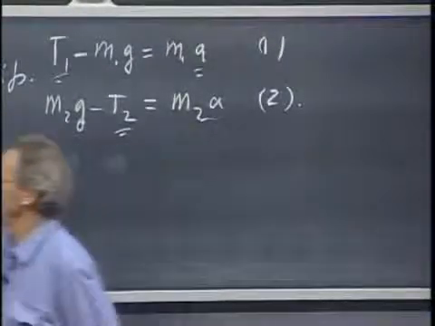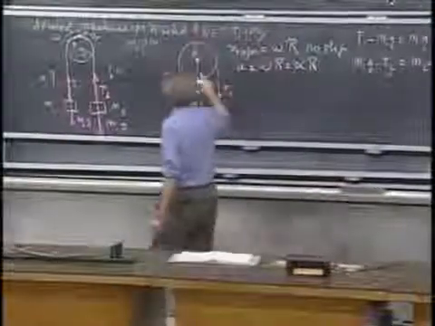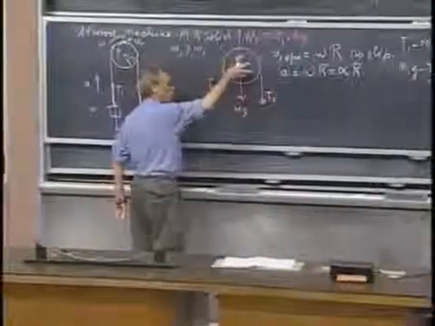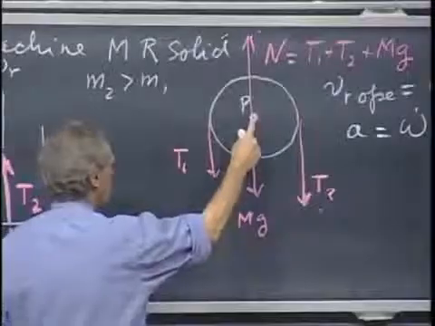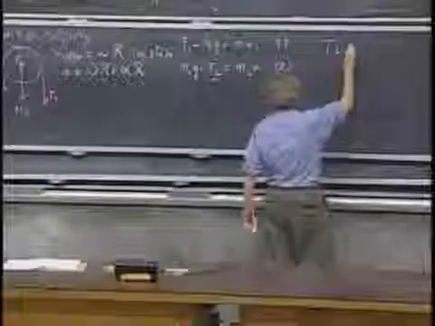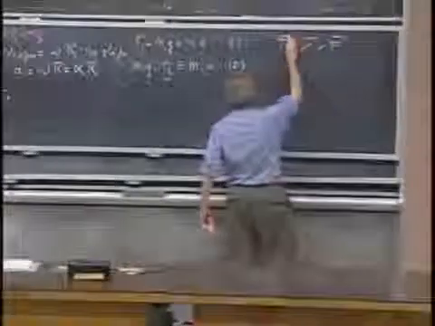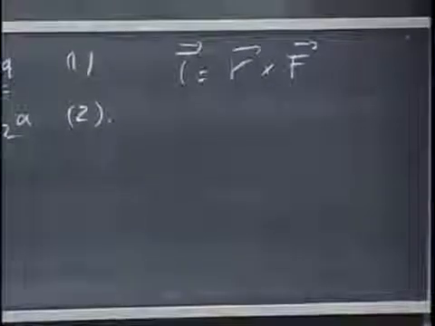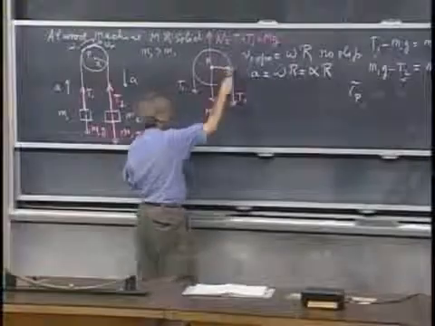I also have to think about the pulley. The net force on the pulley is 0. That's why this stays in place, but it's going to rotate, because this force, T2, is larger than this T1. There is a torque relative to that point, P, and torque is defined as r cross F. But the torque relative to point P, the magnitude, is this position vector times this force.